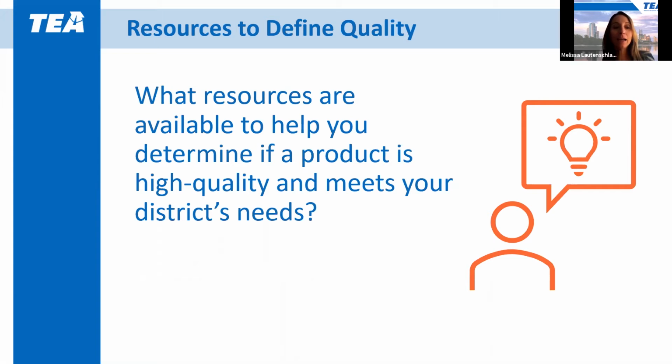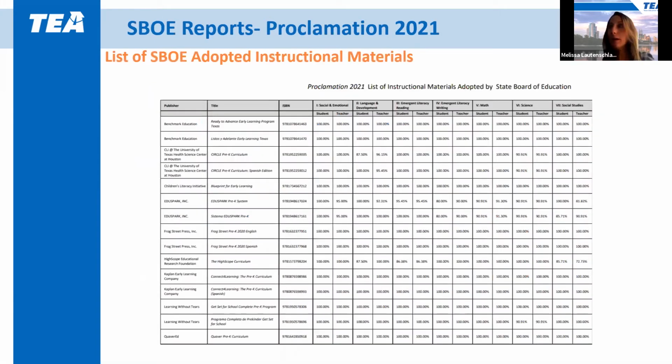So as we start, we're going to start with a common place that many of you start to look at. And I think this is a great grounding point for understanding the alignment of materials to our Texas pre-kindergarten guidelines.